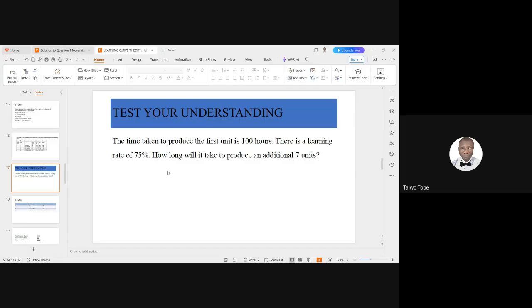Sometimes when we leave the class, some of you don't have time again. Some students like class, but they don't have time to go back to their book. Can I use the formula for this? You can use the formula, but you start with the table first.